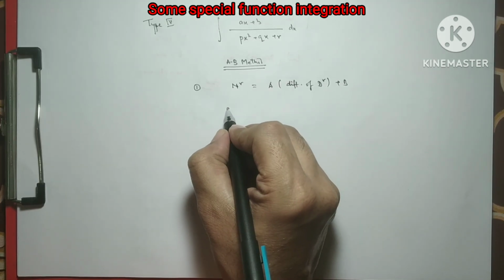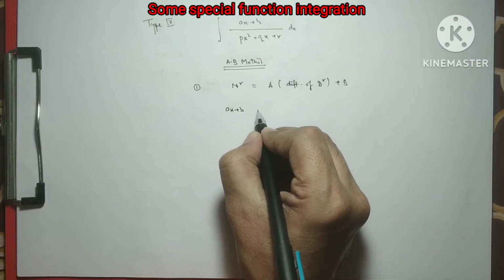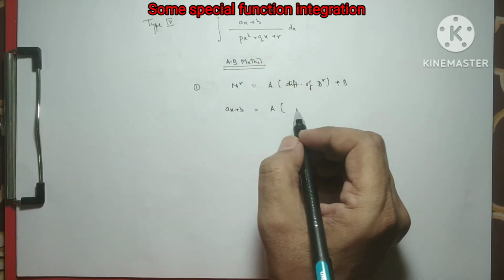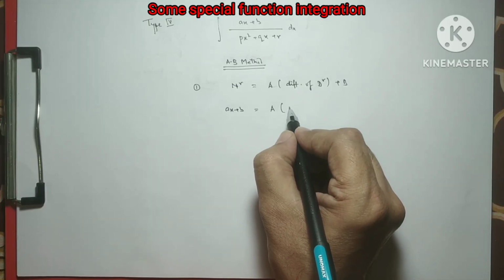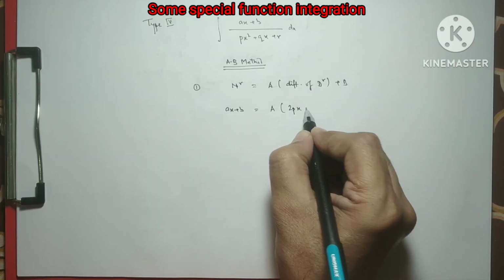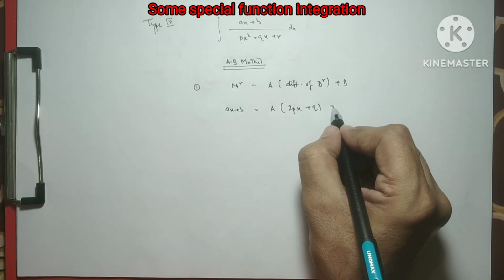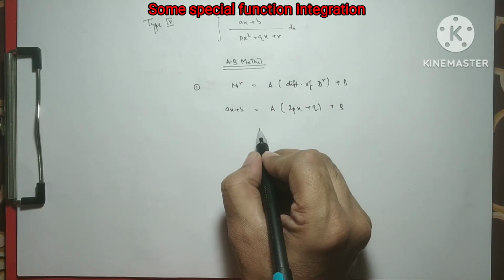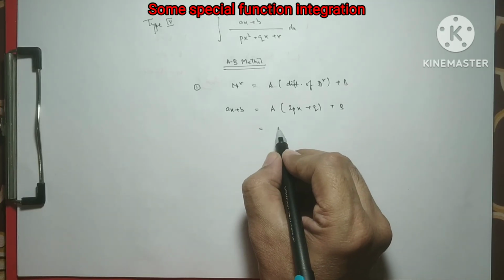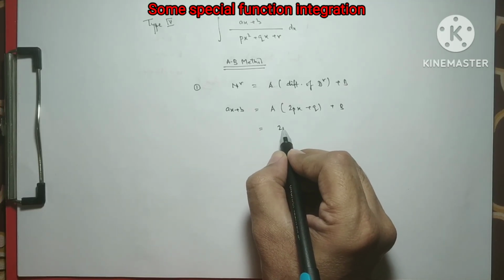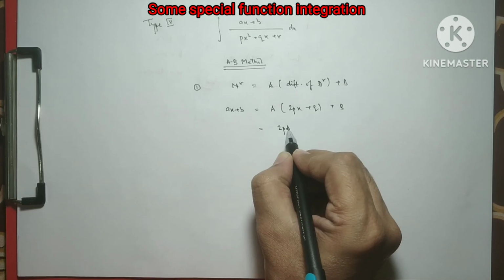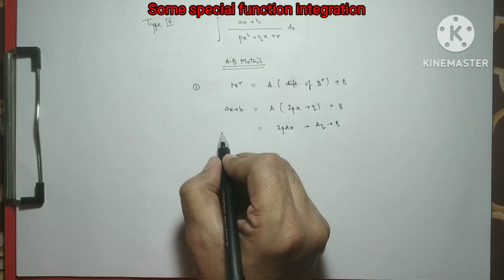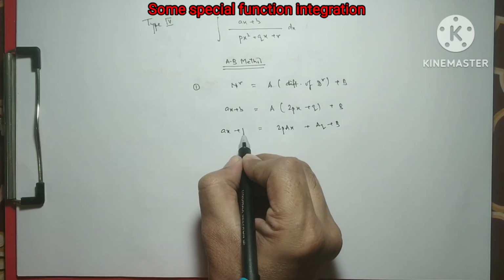It means you can write ax plus b as A times the differentiation of the denominator part, which is 2px plus q, plus B. So multiplying this, you get 2pAx and Aq plus B, and this equals ax plus b.